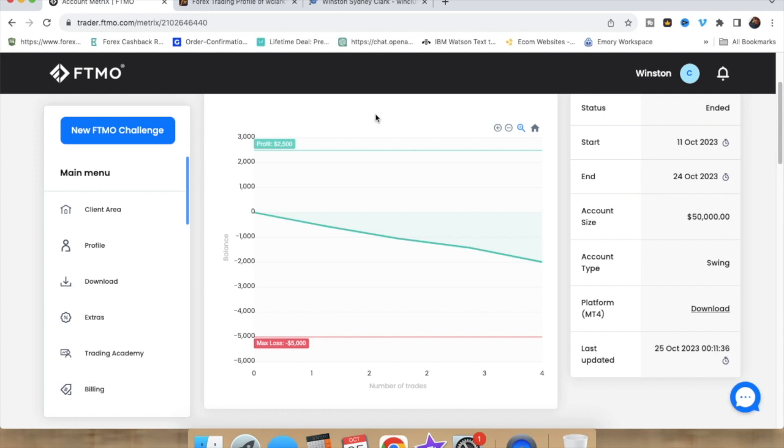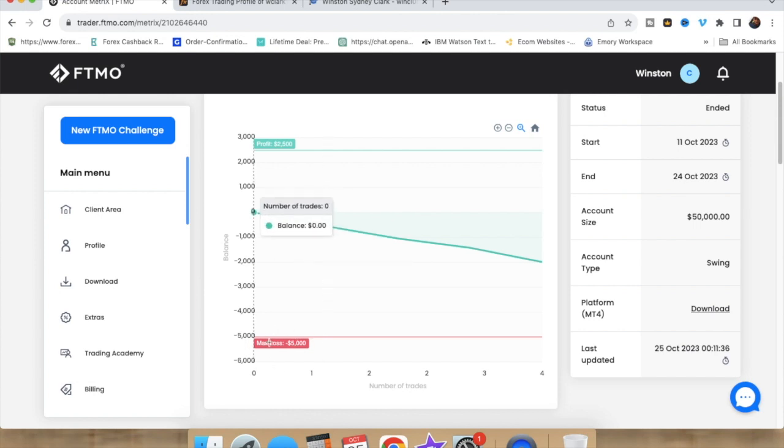I did say that if my expert advisor lost 5 trades in a row, I would automatically fail the challenge, but that wasn't the case either, because after doing the math, I could actually lose 10 trades because my expert advisor was risking 1% per trade.